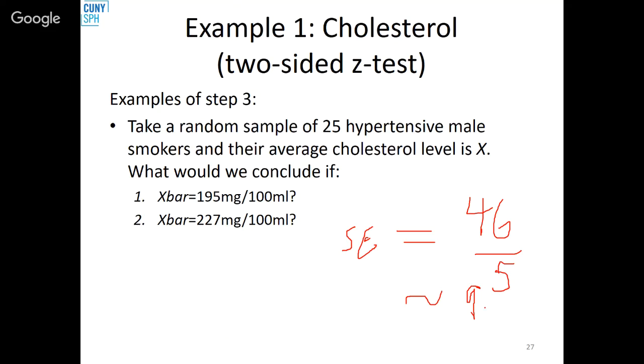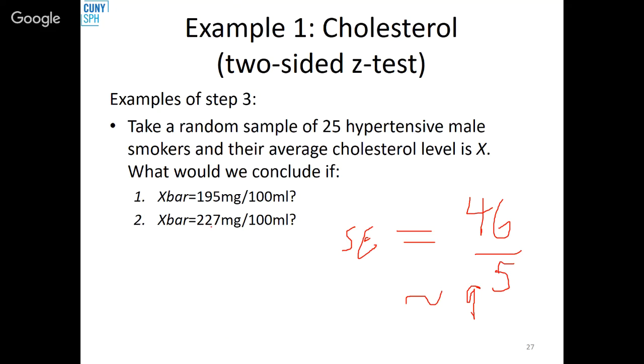It's 1.7. So that is less than a critical value of Z of 1.96, so we're not going to end up rejecting the null hypothesis here.